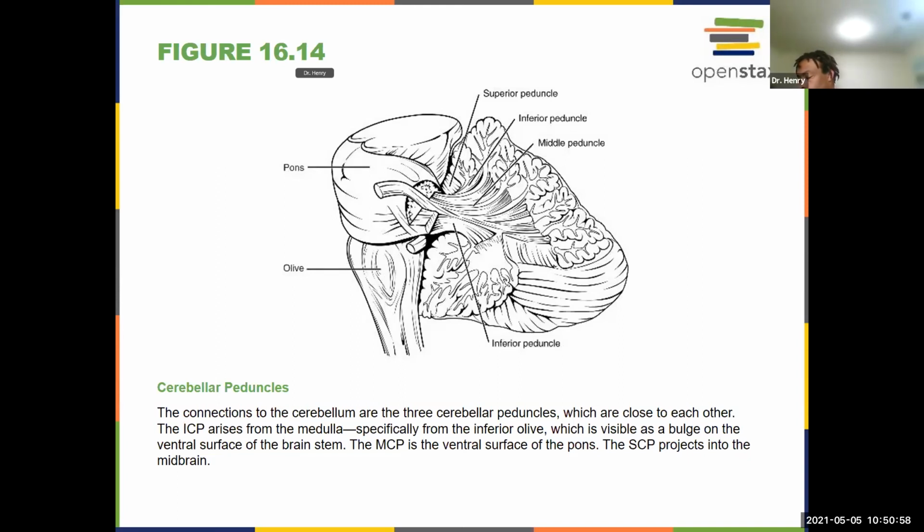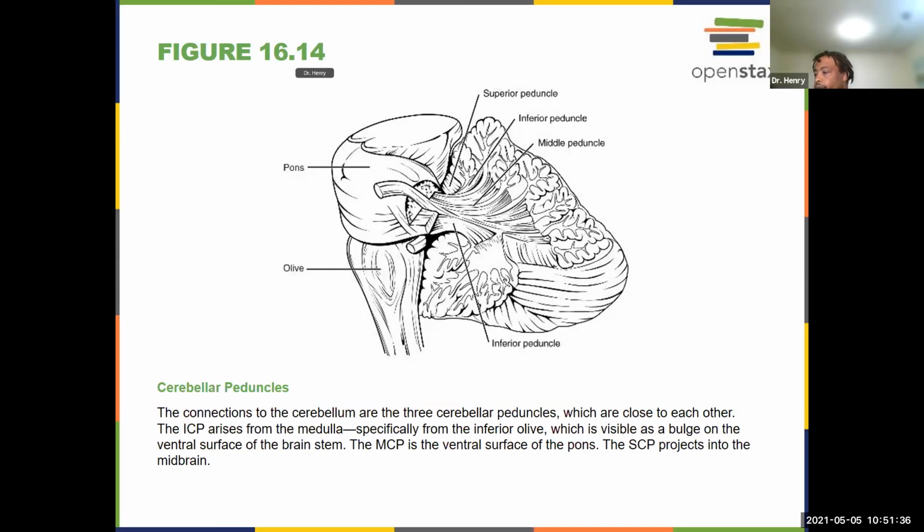Your middle cerebellar peduncle is going to connect your cerebellum to your brainstem.